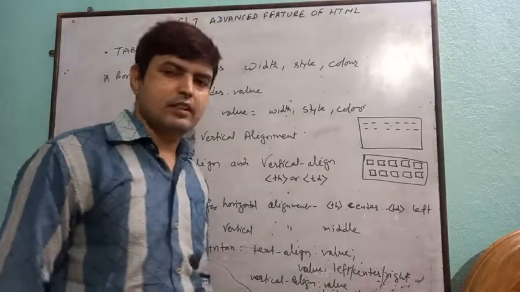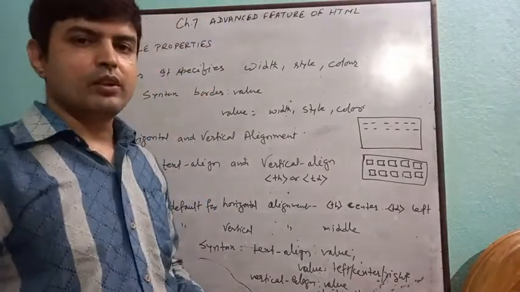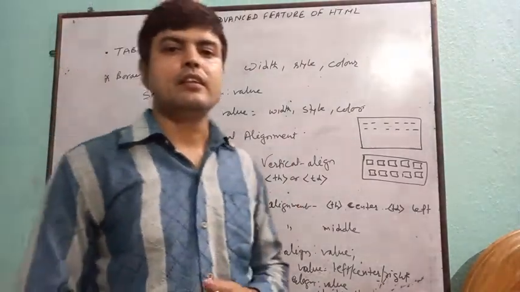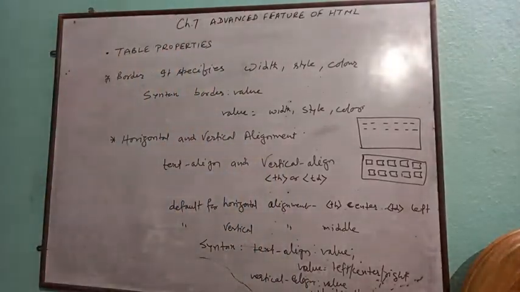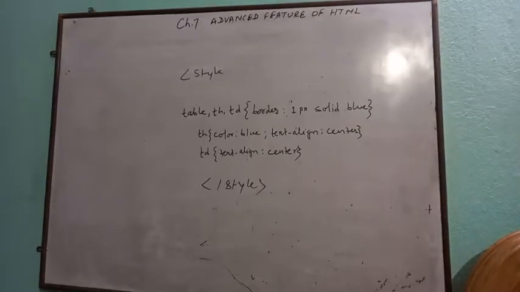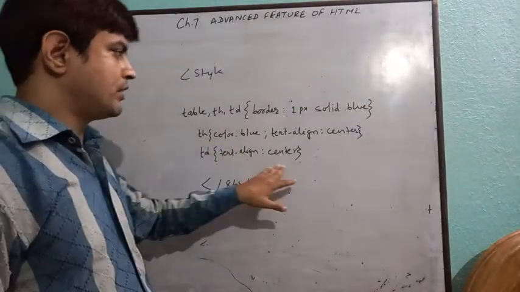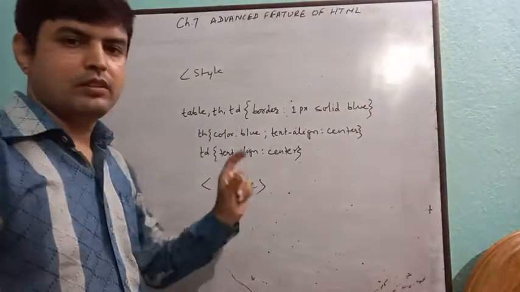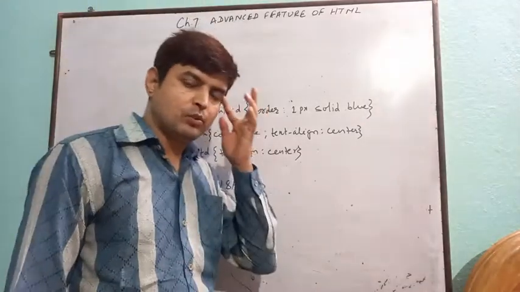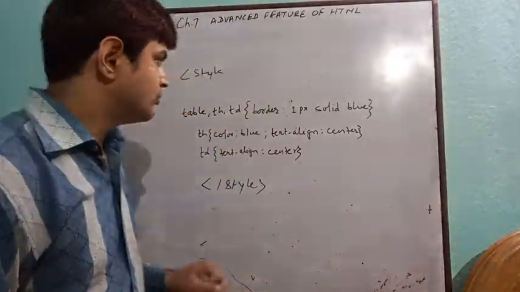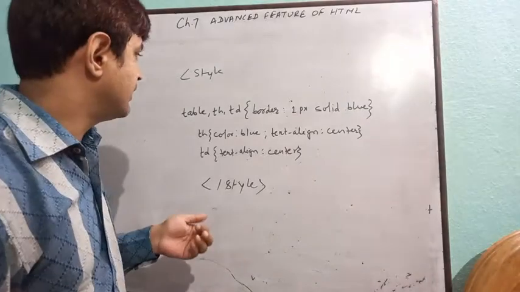Let us see its code, then we can understand it clearly. Let us understand this code. I have noted this from the book. You must refer to the book to see the entire code for applying borders and creating a table.